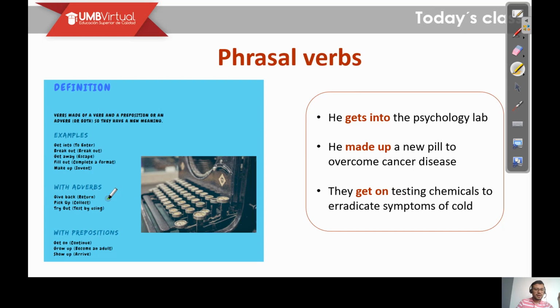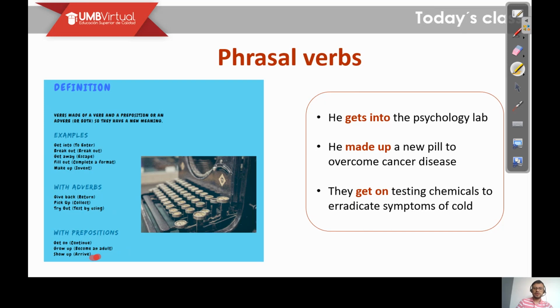Give back, it's to return. To pick up is to collect, for example, information. To pick up information. Try out is to test, for example, when you are trying out a new car. Get on, it's to continue. Grow up, it's to become an adult.